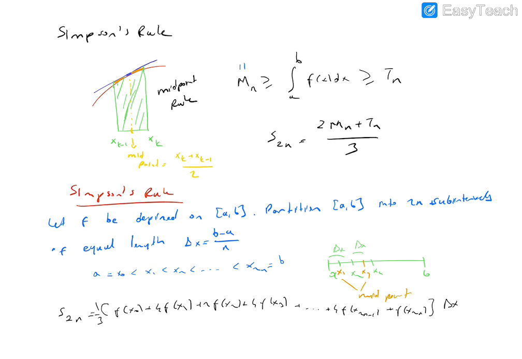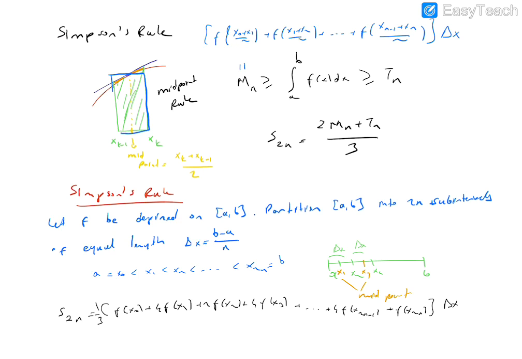So Mn can be expressed as this summation, okay? f of (x0 plus x1)/2, the midpoint, plus f of (x1 plus x2)/2, plus and so on, plus f of (xn minus 1 plus xn)/2, times delta x. Here we use the trapezoid. Actually, we use this one.